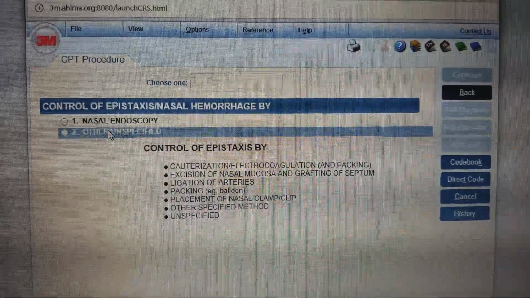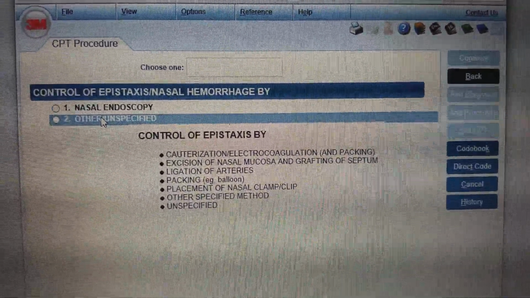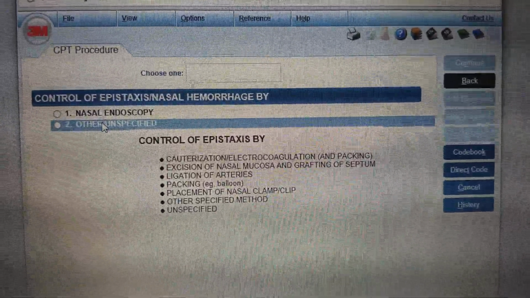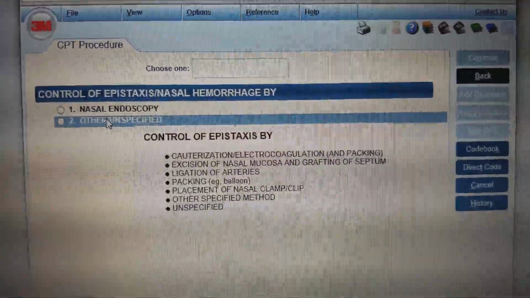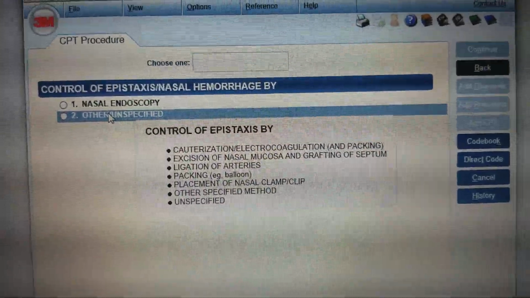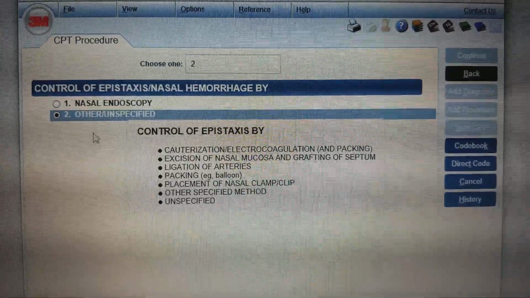Under other unspecified, it actually says there, cauterization, electrocoagulation, and packing, in parentheses, excision of nasal mucosa, ligation of arteries, packing, placement of nasal clamp, other method unspecified. I'm going to go with other unspecified because I like the choices that are next.